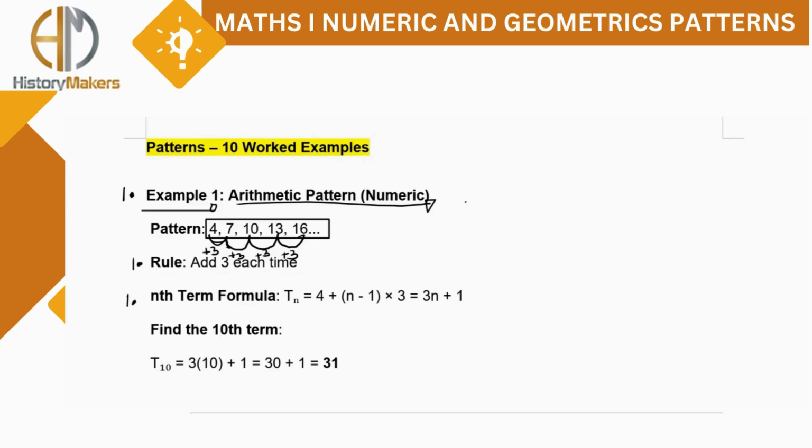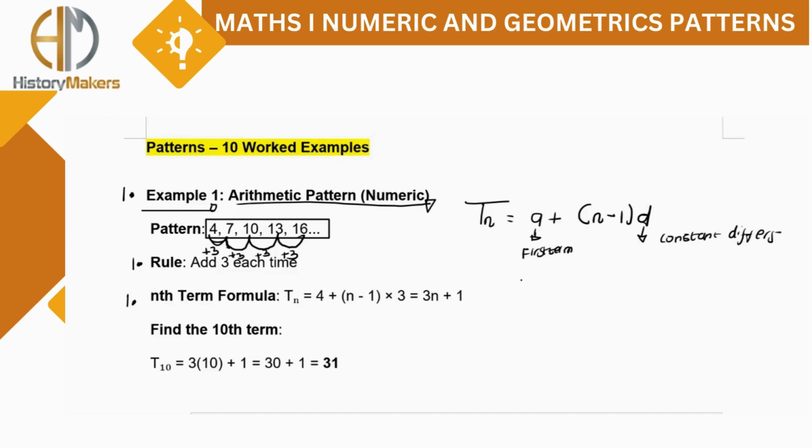Remember we said for arithmetic, Tn is equal to a plus (n minus 1) d. Our a is the first term of the sequence. Our d is the constant difference.